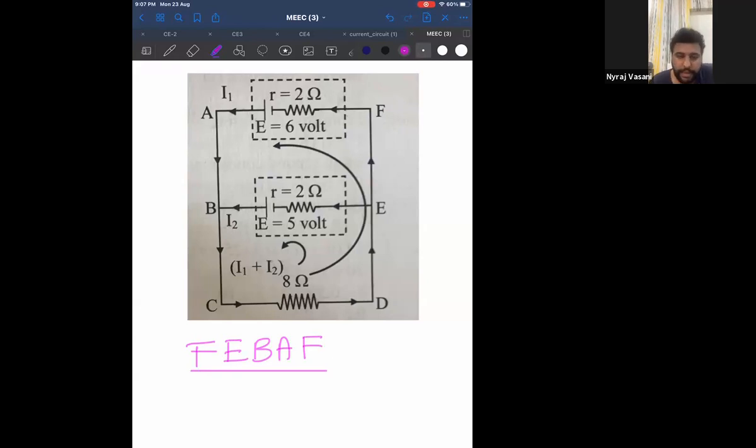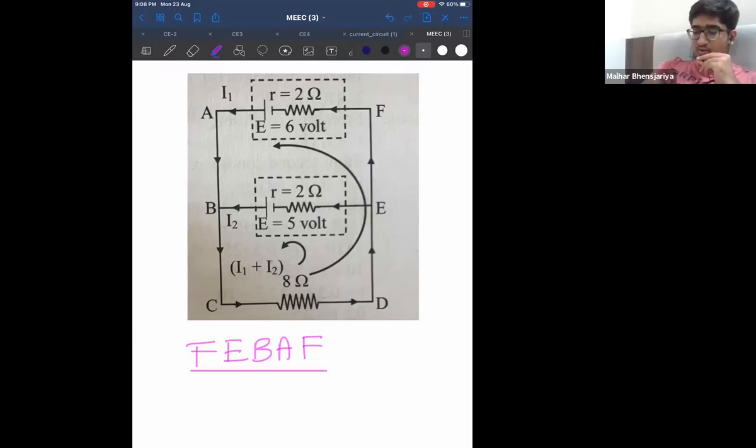In the meantime, try to get the equation of the loop. Okay. Malhar, can you try?